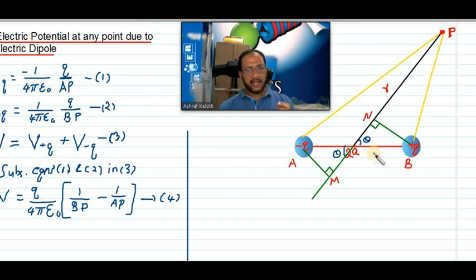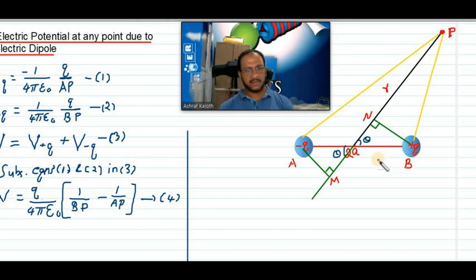An ideal dipole means like a molecule of HCl. Its bond length is not even 1 millimeter. It is nearly 2.73 or 2.63 angstrom, so this distance is only 2.63 angstrom. In that case, if you take these two distances, the difference of NP and BP will be negligible.